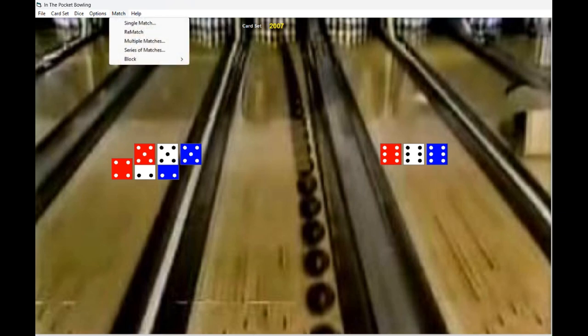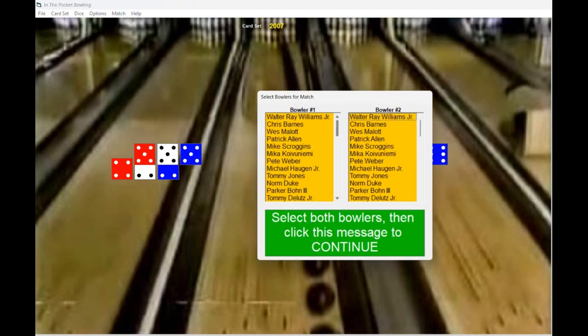What we're going to do is what we call a single match, so you can see some of the best bowlers. Let's see here: 4, 8, 12, 20, 24, 36, 48, 54.